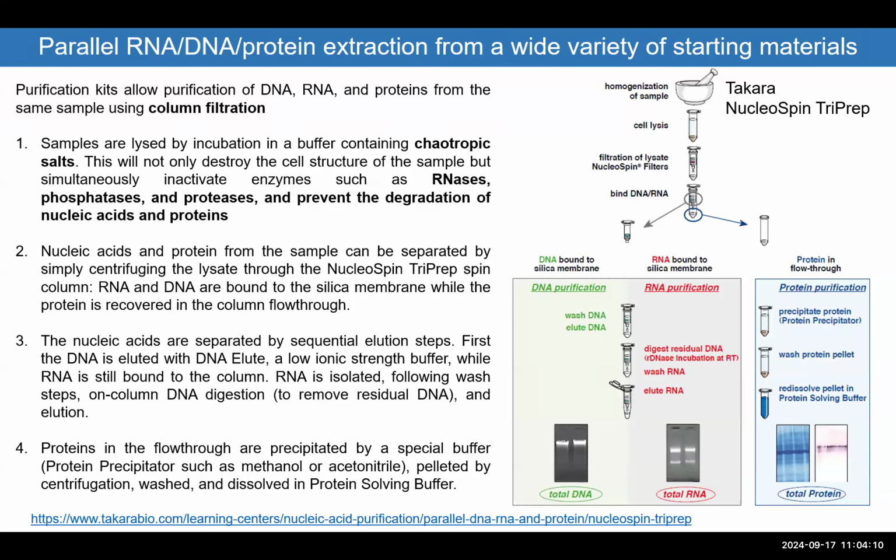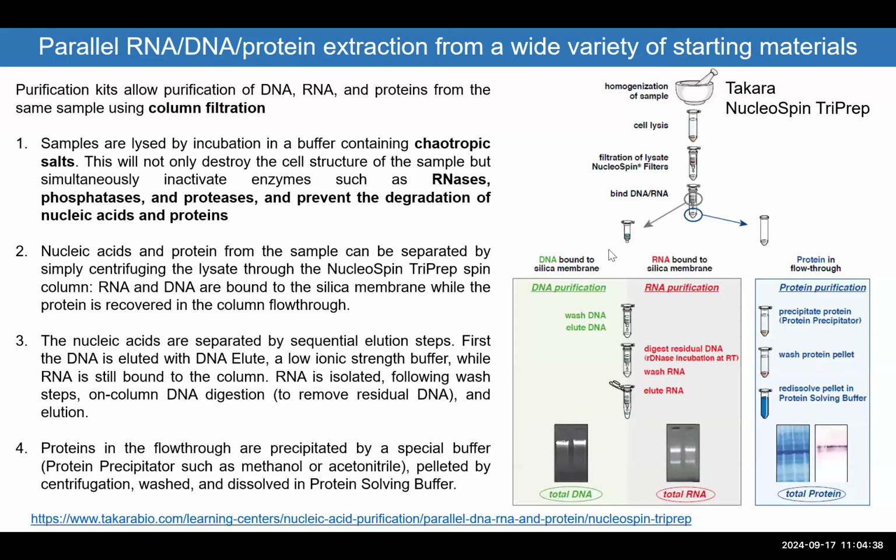And after that, you will take all those lysates and you will load them onto a column. This column contains chaotropic salts, and mainly this is guanidinium thiocyanate. Because this allows the binding of the DNA and the RNA, but it doesn't allow the proteins to bind.